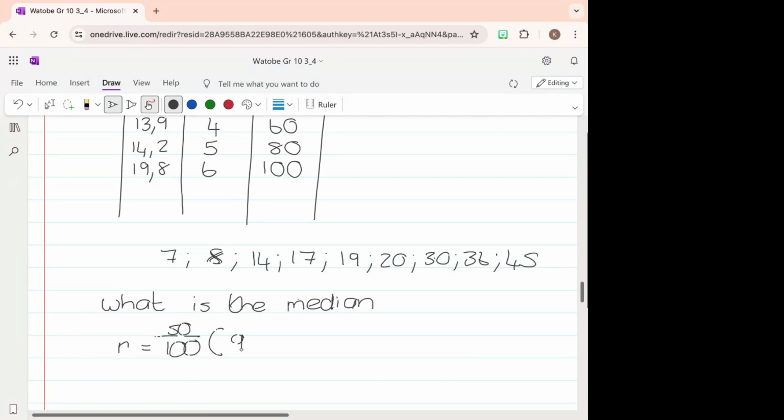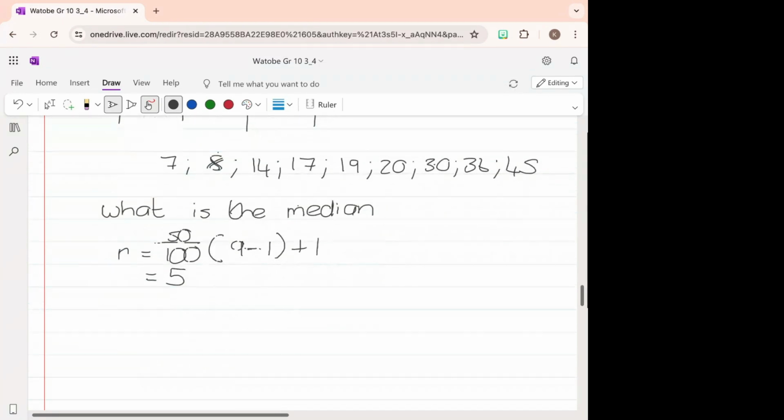So 9 minus 1, and we're saying plus 1 here. So when you put that in your calculator, you get 5. So 1, 2, 3, 4, 5. Was he right? Yes. The median equals 5. Amazing.